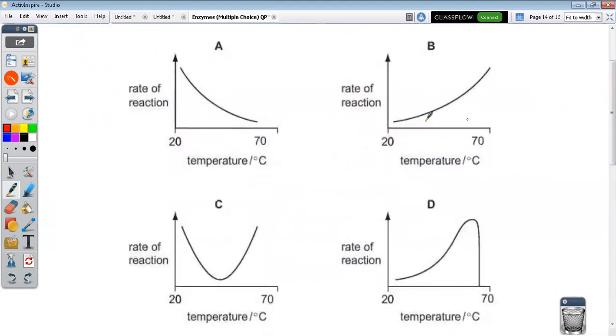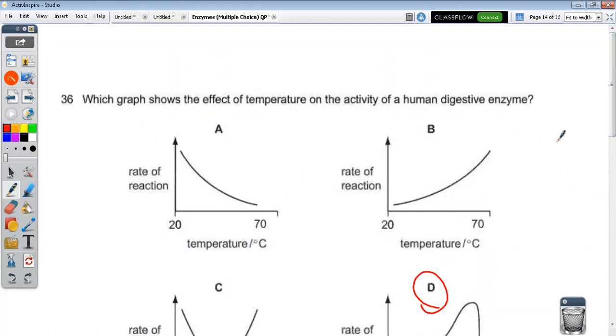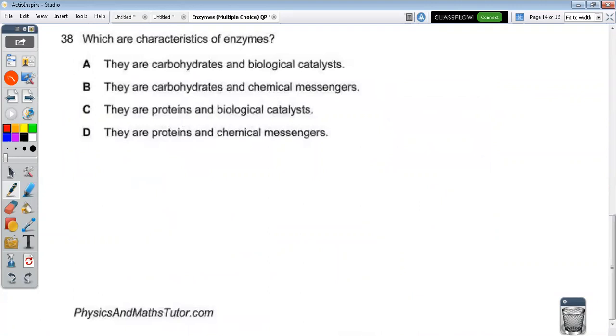You can't have the rate increasing. Remember, there is denaturing. From 20 degrees to something like 40, after that it has to be denatured. Make sense? Yes, human digestive enzymes. That's what I was looking for.